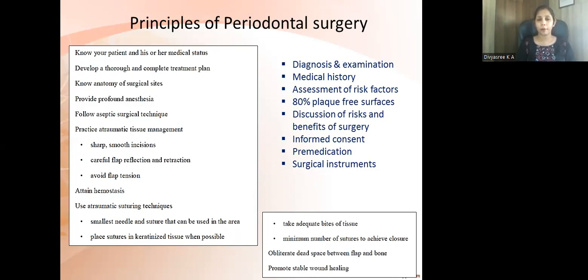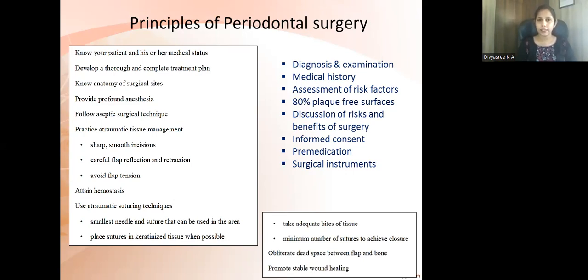There should be proper anesthesia. One should always follow aseptic surgical techniques. Tissue management should always be atraumatic. Then we should attain proper hemostasis after the surgical procedure and always use atraumatic suturing techniques.